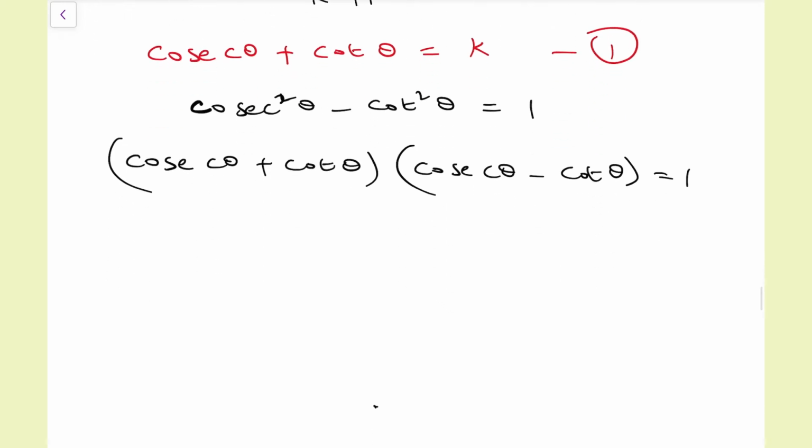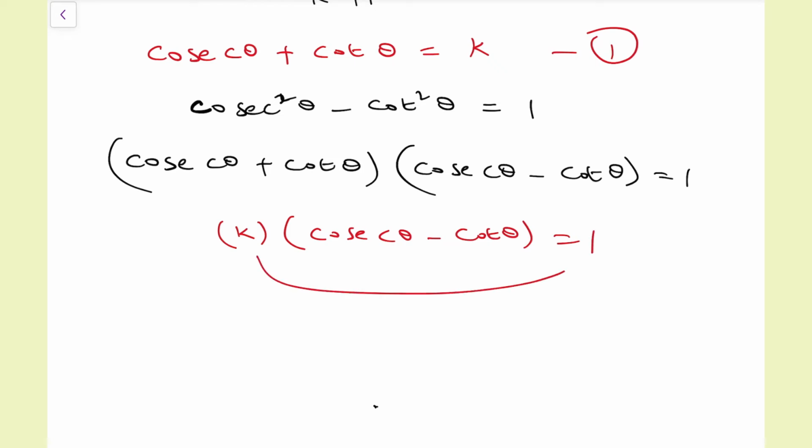Cosec theta plus cot theta is nothing but k, so in its place let us write k into (cosec theta minus cot theta) equals 1. Take this k to the right side. So we get cosec theta minus cot theta equals 1 by k. This is equation number 2.